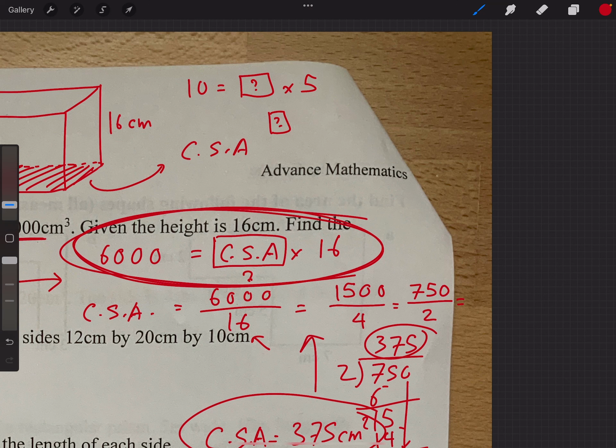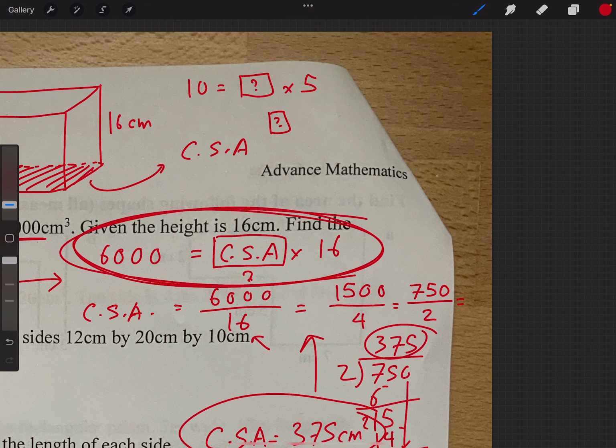It doesn't matter where I put them, maybe 12 was down here and this will be 20. All you need to know is that these are the length, width and height, and to find the volume we just multiply them together. 20 times 10 times 12, and you will get the answer.